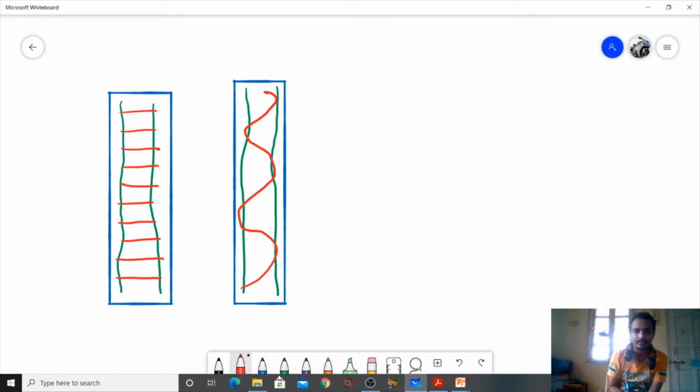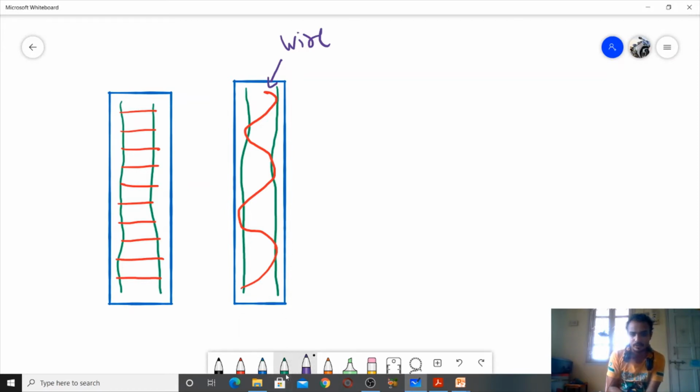Our four longitudinal reinforcements are covered by a wire. This type is called a spiral column.